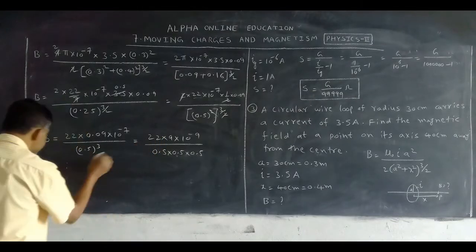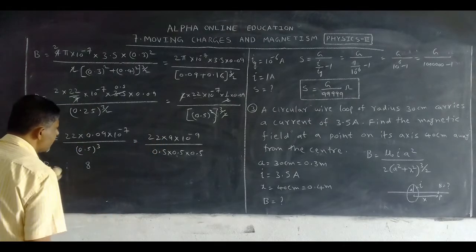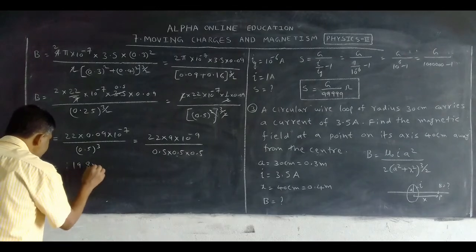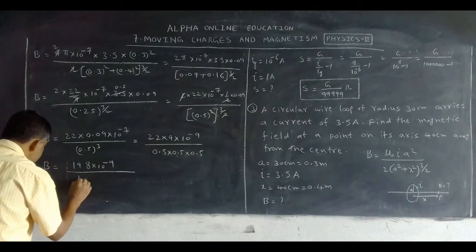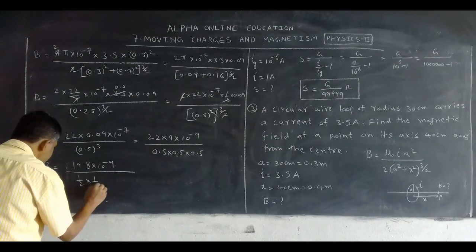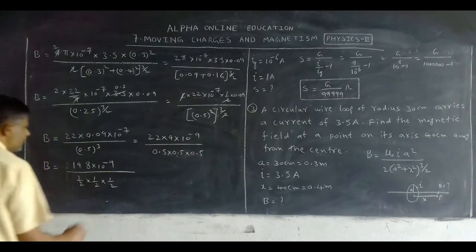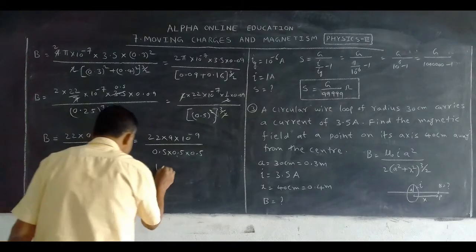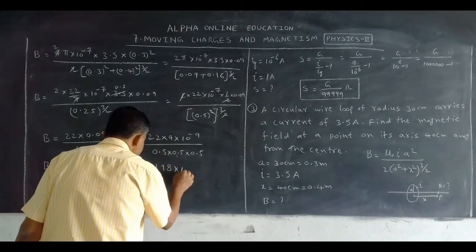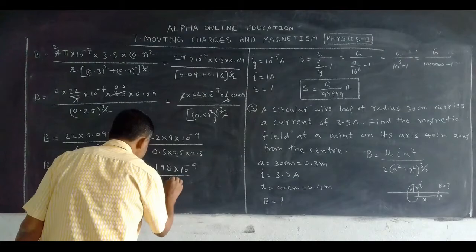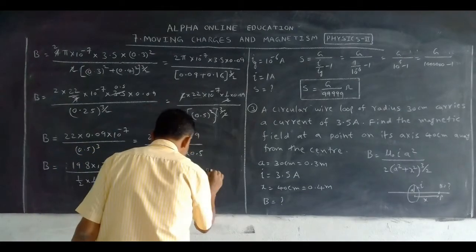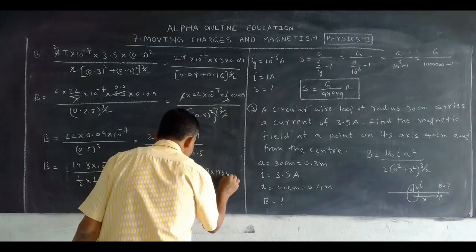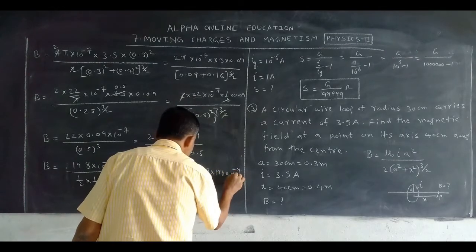22 nines are 198, into 10 power minus 9, and 0.5 is 1 by 2, into 1 by 2 into 1 by 2, is equal to 198 into 10 power minus 9 by 1 by 8, is equal to 8 into 198 into 10 power minus 9.